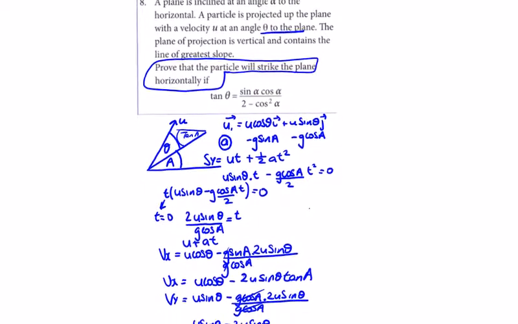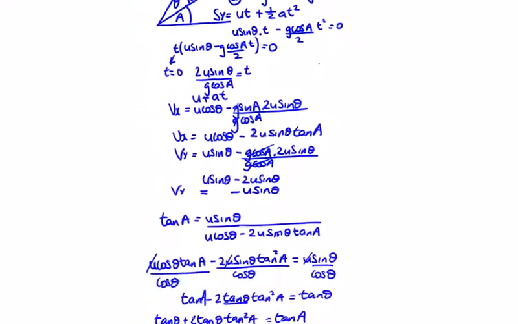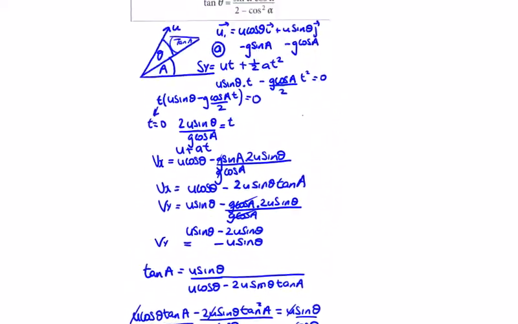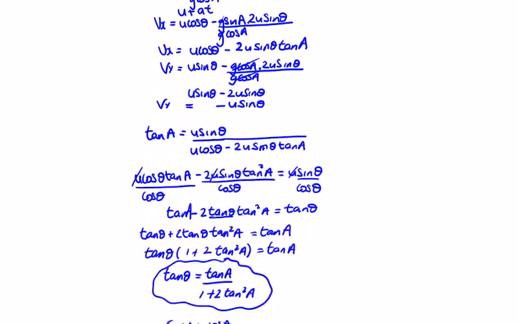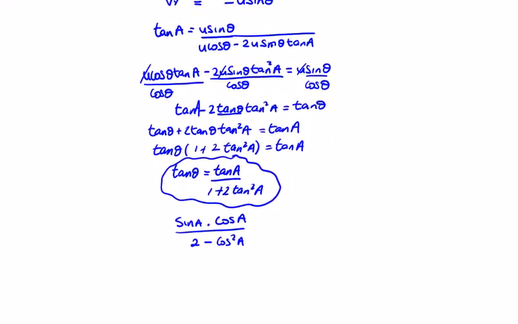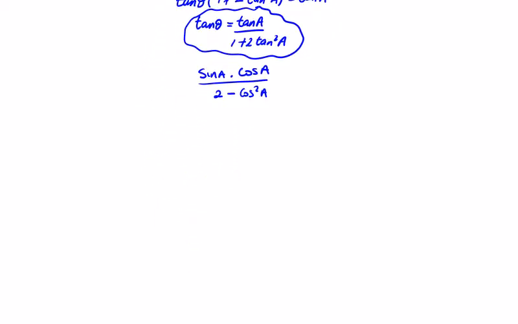And it's not, so we just need to go and rejig it again. We're looking for sine alpha cos alpha over 2 minus cos squared alpha. So I suppose the first thing we need to do is to reconvert these tans.